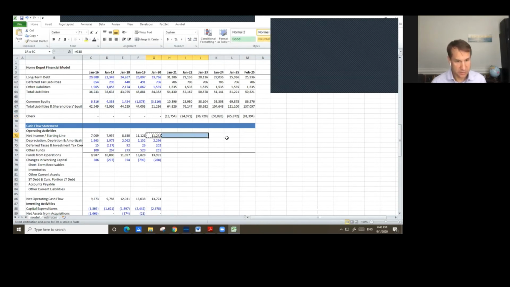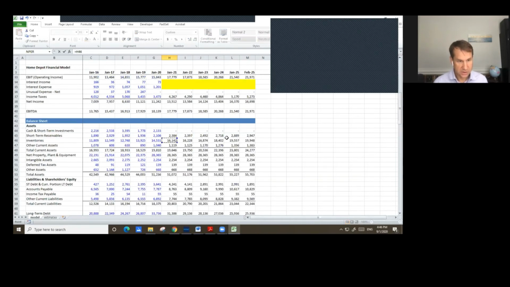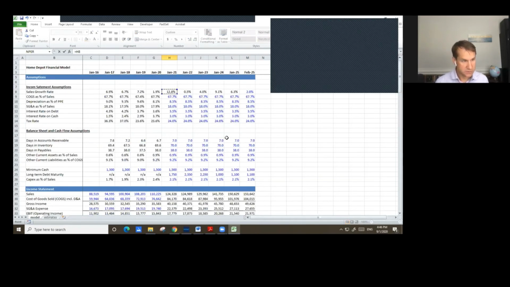So we got net income linked. Depreciation, we have assumption in our assumption. So depreciation as percent of PPME is 8.5%.